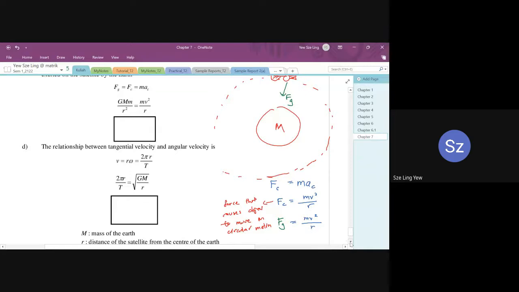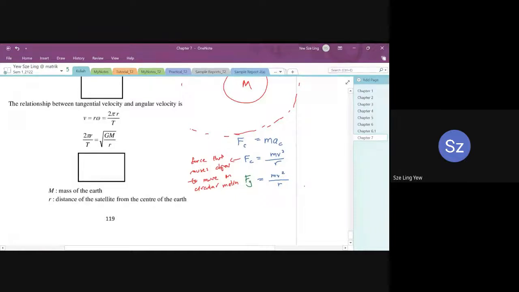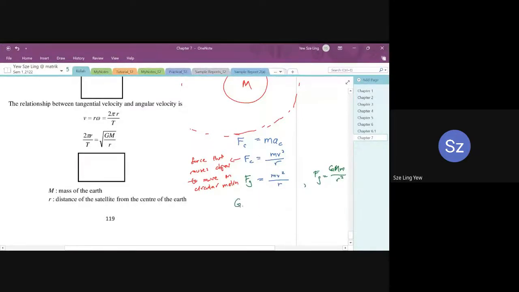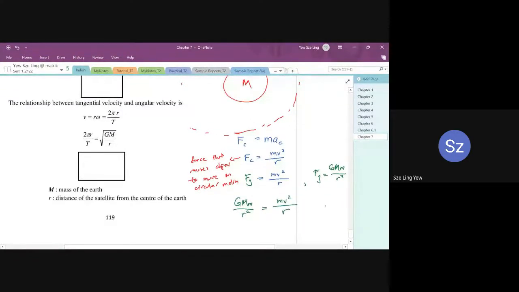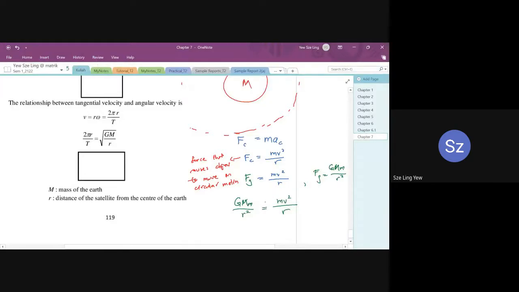According to our derivation just now, Fg equals GMm over r squared. So substitute it into the equation: GMm over r squared equals mv squared over r. If you look at the equation, the term that cancels out is the test mass.